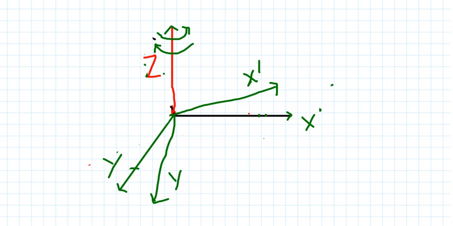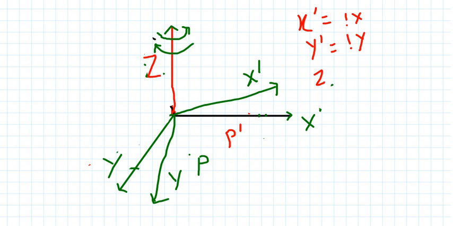If you imagine an original object P before rotation and after rotation the rotated point is P dash, the situation will be like x dash not equal to x, y dash not equal to y, z dash equal to z.